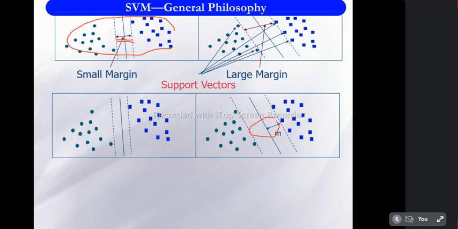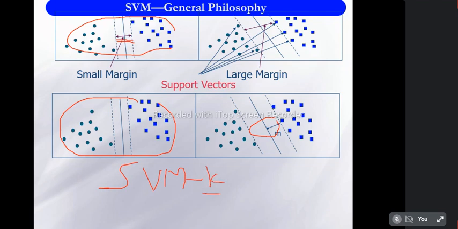So what type of technique should we use? In such nonlinear data sets, it is very difficult using linear classification. So we have to use this SVM. This SVM uses a function which is called kernel.